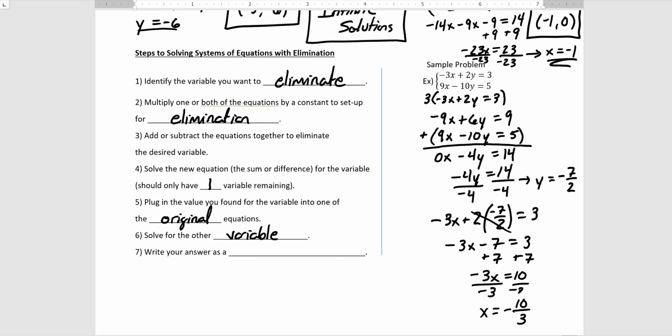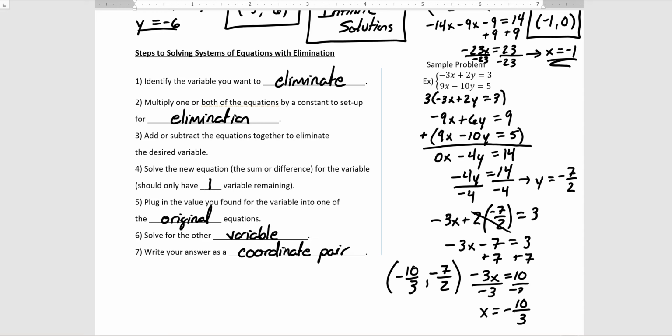Now we have x, we have y, but we don't have our final answer yet. We need to write that as a coordinate pair. Don't forget that, very important. So I would say my answer is negative 10/3, comma, negative 7/2. And that's elimination. Alright, so let's walk through it one more time. I start by picking a variable I want to eliminate.